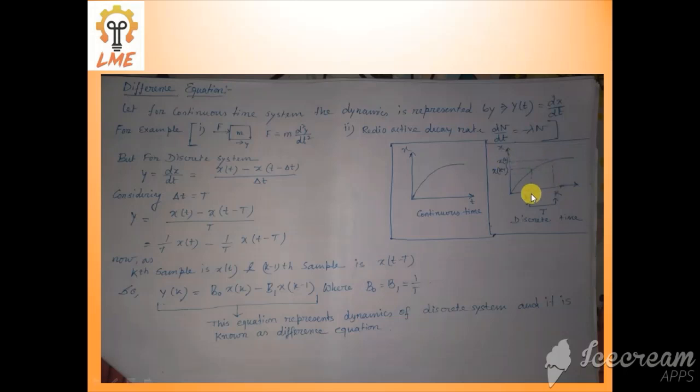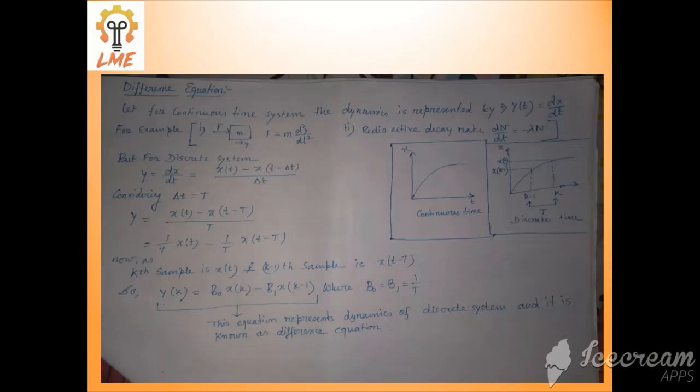In between k-1 and k, the time is capital T, the sampling time. So this can be written as (x(t) - x(t - T))/T.